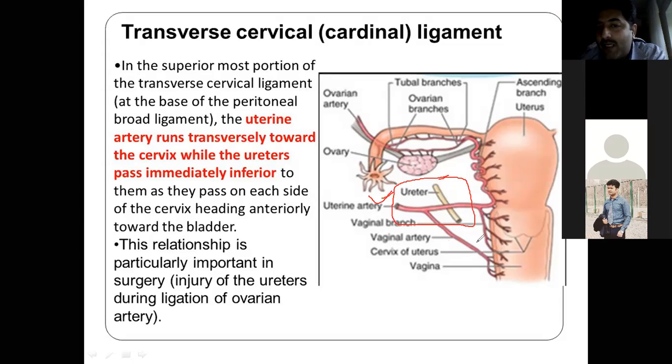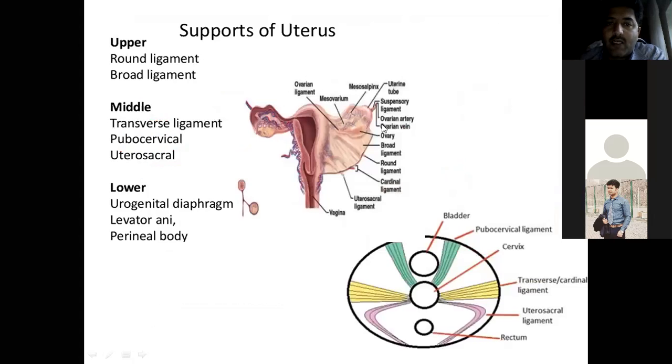Whenever we are doing hysterectomy, we must look at the transverse cervical ligament which is present at the base of the broad ligament, and under that your uterine artery is passing, and under the uterine artery your ureter is passing. This is a very important correlation when performing hysterectomy. You must know this correlation clinically.